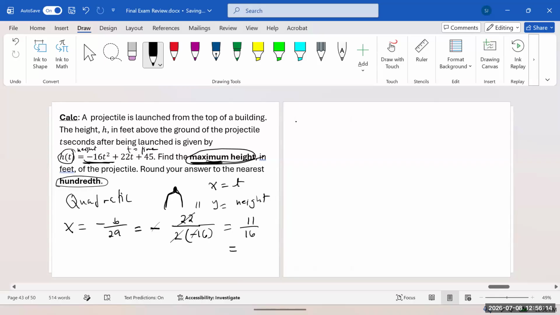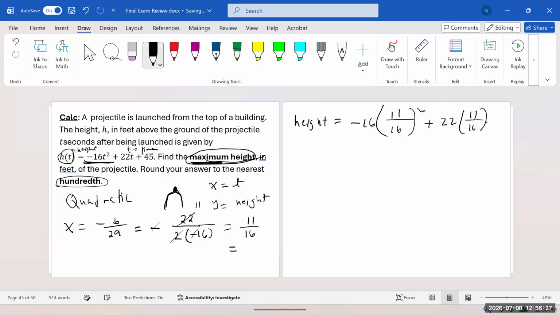If I keep the fraction, the height will be negative 16 times (11 over 16) squared plus 22 times 11 over 16 plus 45. We can actually clean this up a little bit. It's negative 16 times 11 times 11 over 16 times 16, plus 22 times 11 over 16, plus 45. 16 and 16 cancel out.